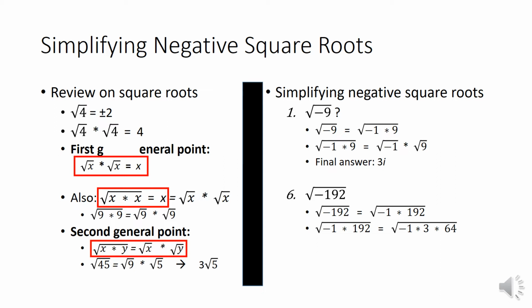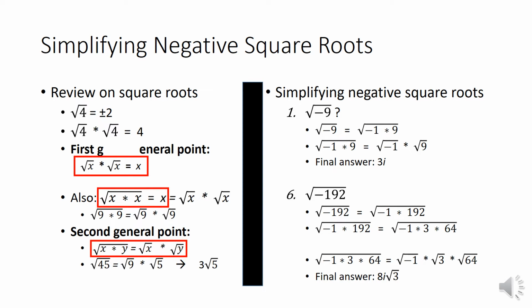Now using, again, that second general point, we can break this big radical into 3 smaller radicals. Square root of negative 1, which is just i, times the square root of 3, times the square root of 64. And the square root of 64 is 8. So our final answer, 8i square root of 3.